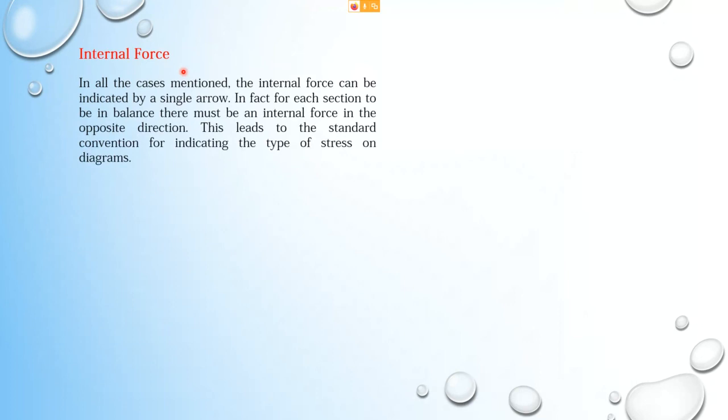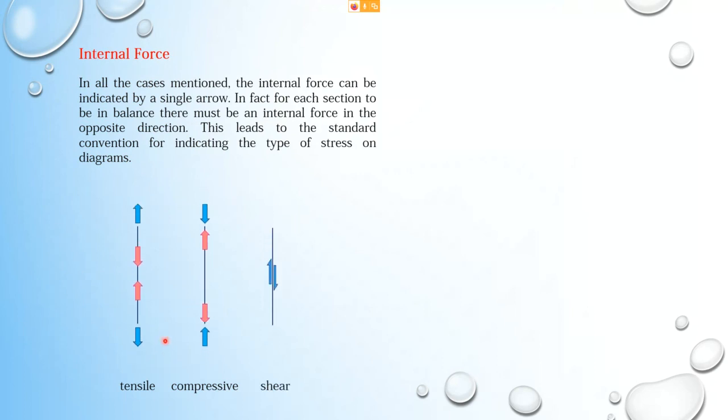So internal forces: in all cases mentioned earlier, the internal force can be indicated by a single arrow. In fact, for each section to be in balance, there must be an internal force in the opposite direction. This leads to the standard convention of indicating the type of stress on the diagrams. So here I've got 3 diagrams.